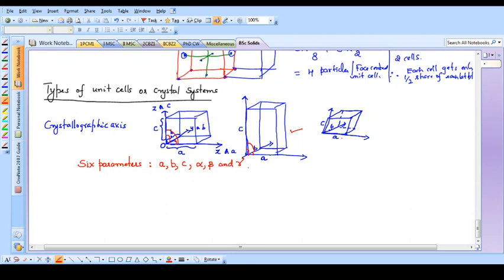So please remember this number. There are 7 types of crystal systems or unit cells.